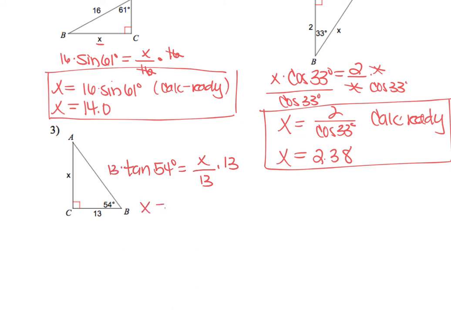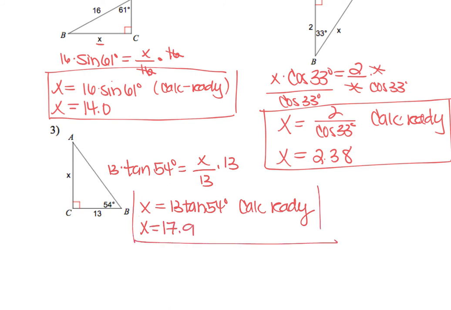So we get x equals 13 tangent 54. So that's my calculator ready answer. And then I'll put that into my calculator and round to 3 significant digits. If I had units on my lengths here, I would include the unit on my answer.